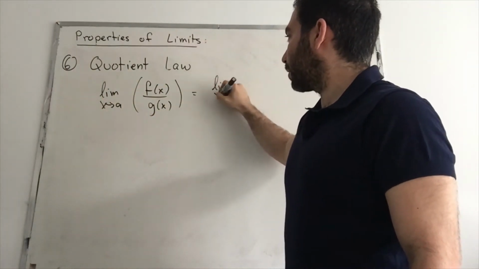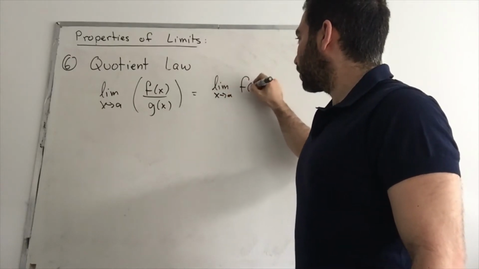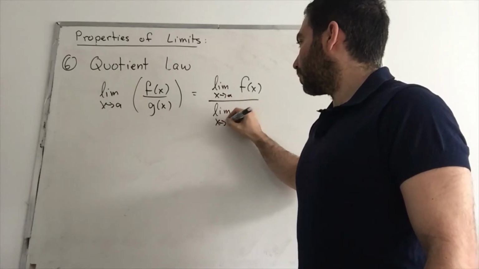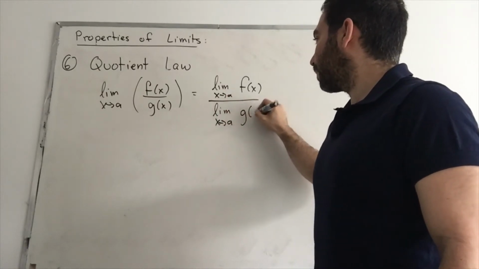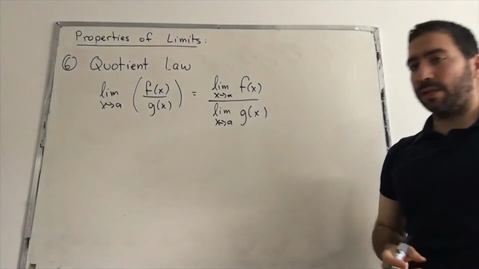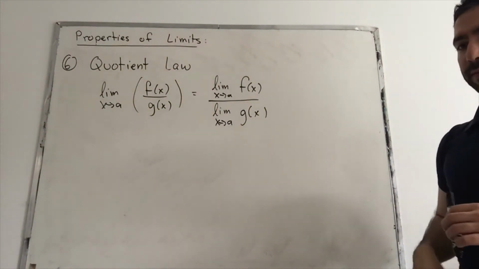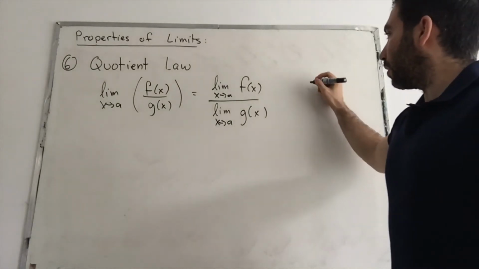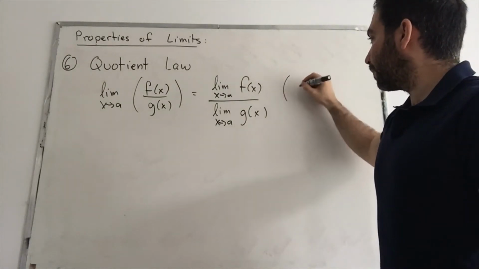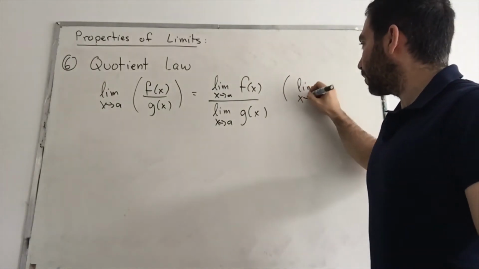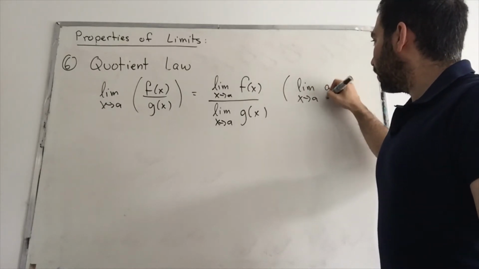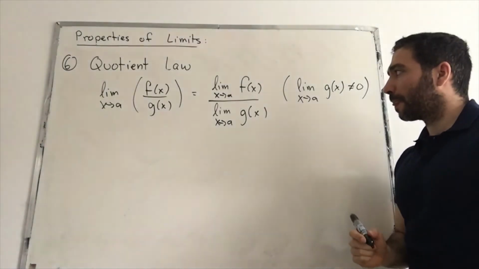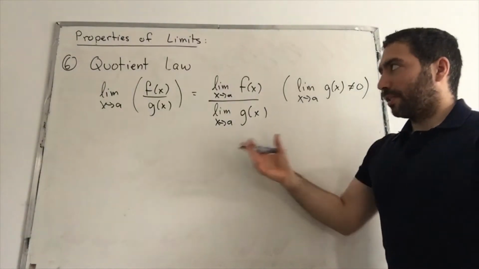So we have the limit as x approaches a of f of x, all that divided by the limit as x approaches a of g of x. Okay, so the only restraint that we have here is that the denominator cannot be 0. So let's state that. Because in math we cannot divide by 0. g of x does not equal 0. So we just have to be careful for that. And this is the property.